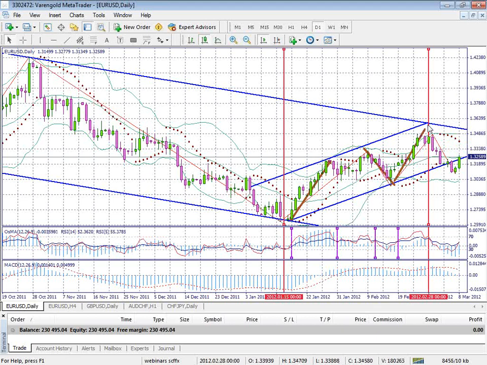When the pair was close to the superior line of the principal trend on the daily, it reversed. And we have that signal. Here, with that vertical line, we also have the signal for reverse.